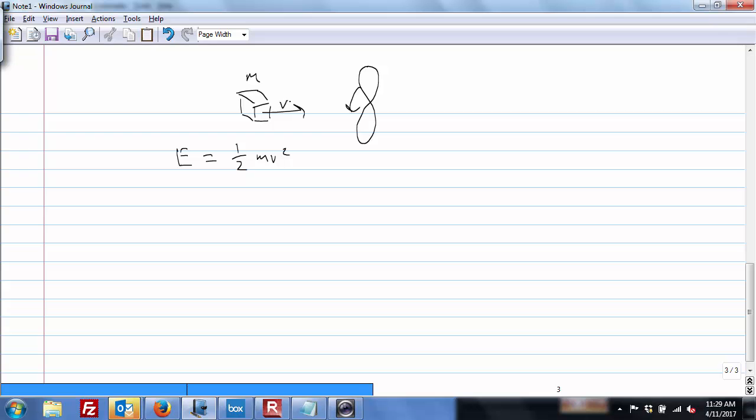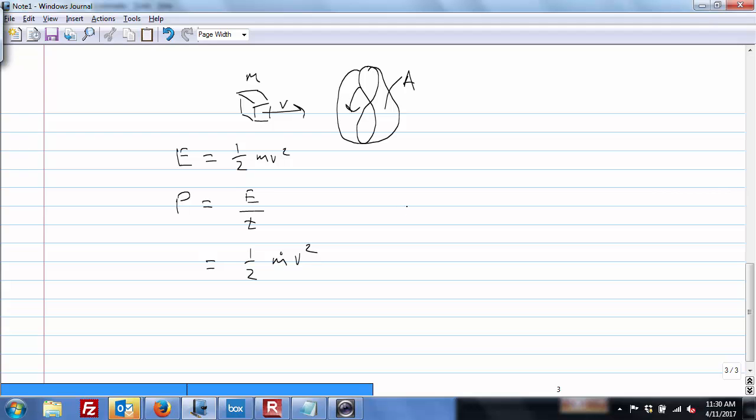It's mass going with some velocity, and this whole thing has some area. Now, if we know that power equals energy divided by time, and this mass is moving, we can say that power equals 1/2 m dot v squared. That's the rate at which the mass is moving. So the faster the mass is moving, the more power; if it's not moving at all, you're not getting any power, right?